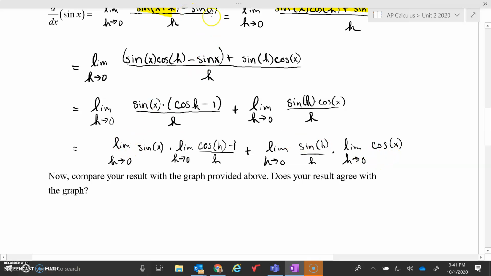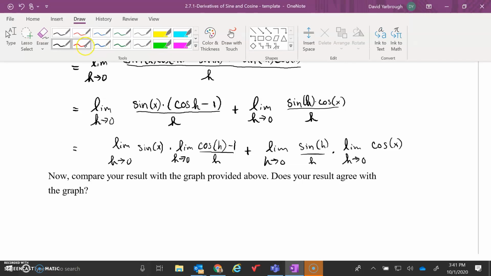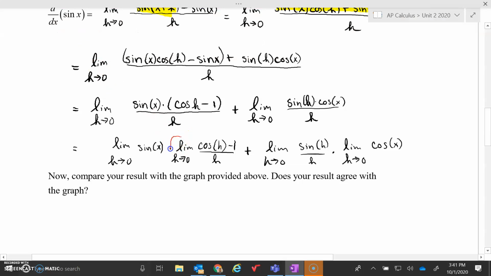All right, so now let's go ahead and highlight the numbers that we know. We know that this one is 0 from property 2. And if that's 0, then that means that all of this becomes 0. Okay, so all that is just the number 0.